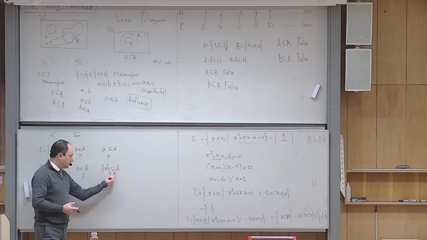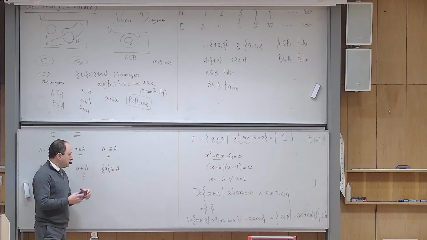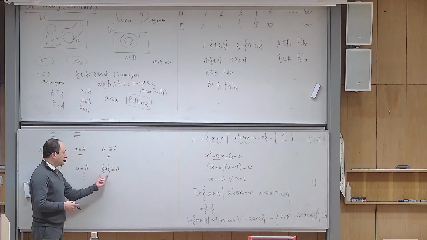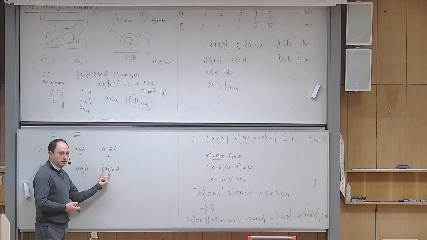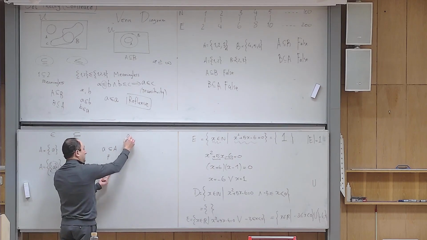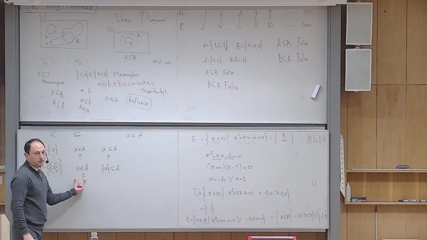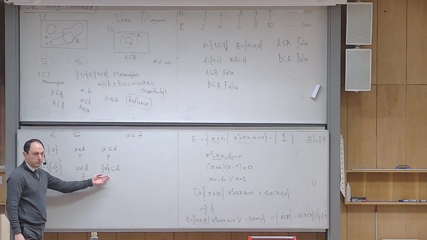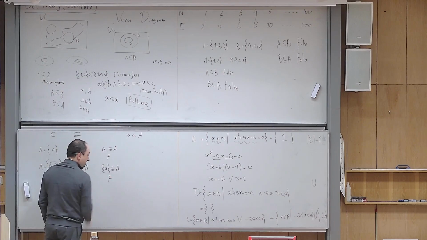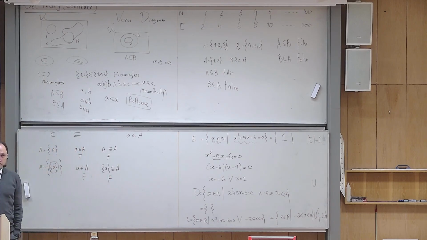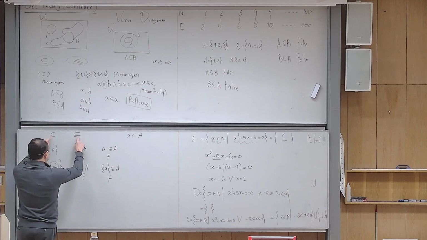This is the meaning of this symbol. But every element of the left-hand side, what is the only element of the left-hand side? It is A. Does A belong to A? You just said this is false. So if this is false, this also has to be false. That's also false.